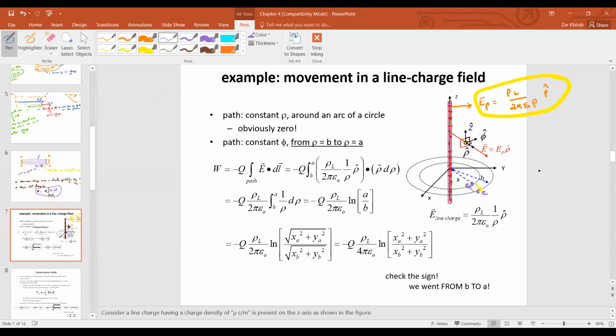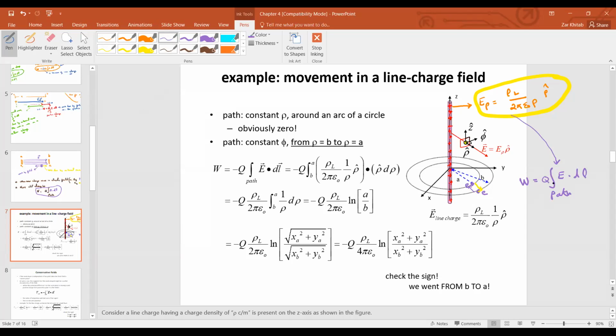It's so easy. Look, the work is the integral along the path of E dot dl, and you just put the charge here.